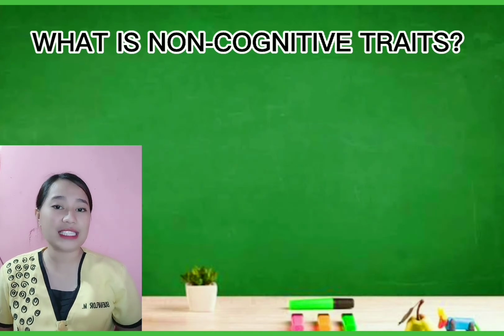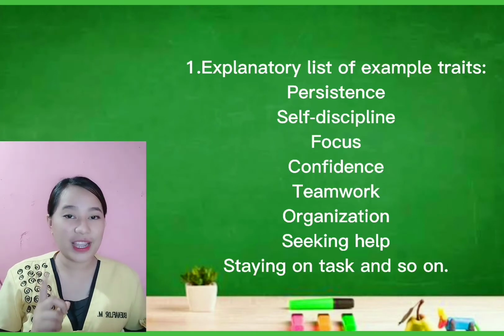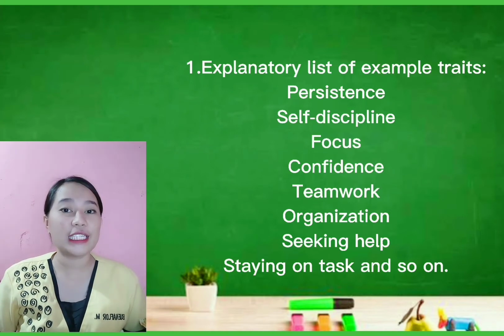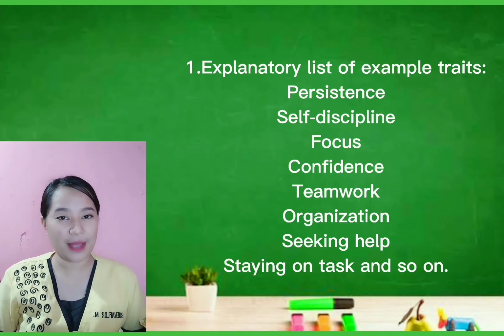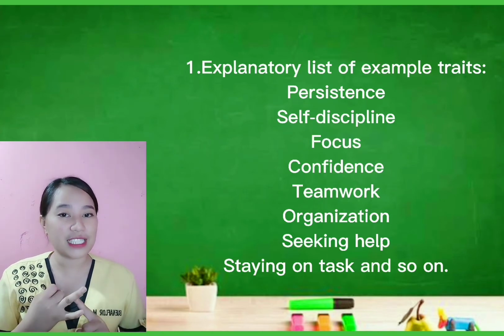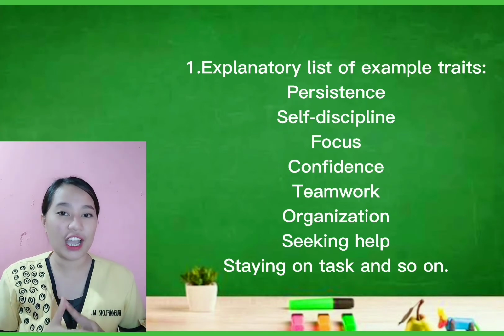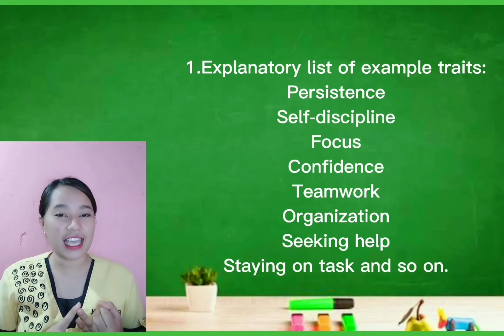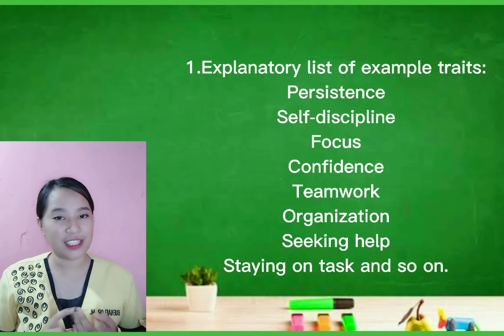So there are some examples of non-cognitive skills that link to their impact on the learning process. The first one is that non-cognitive skills include an explanatory list of example traits. So it involves persistence, self-discipline, focus, confidence, teamwork, organization, seeking help, staying on task, and so on.